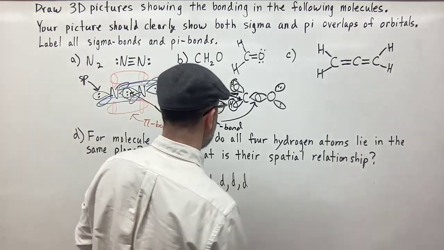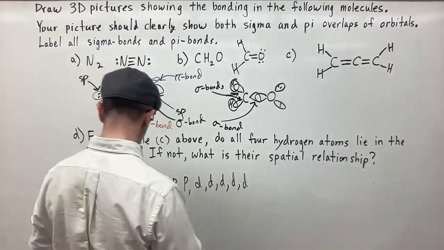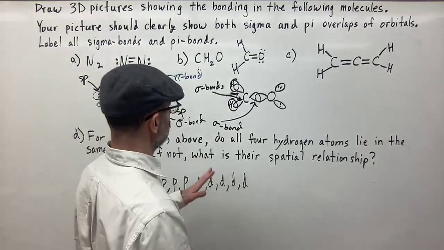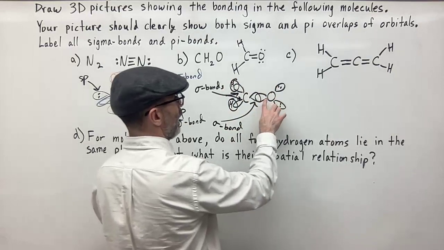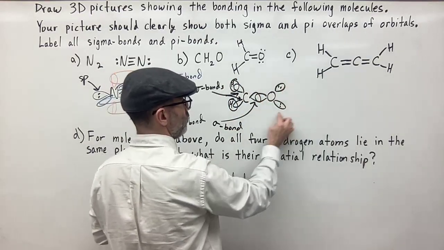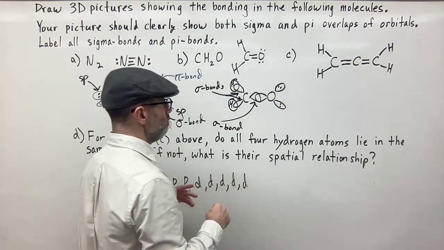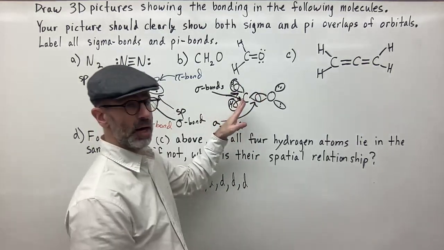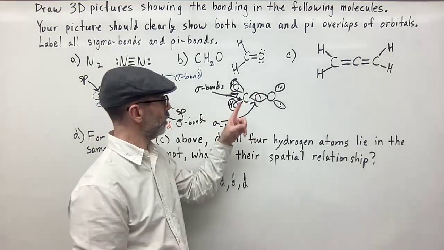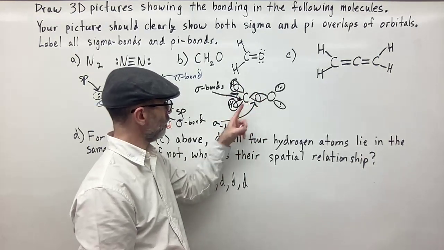So now, how are we going to draw the p orbitals? So since this is in the same plane, right, and this is also in the same plane, the pi bond is going to be perpendicular to the plane here, right?